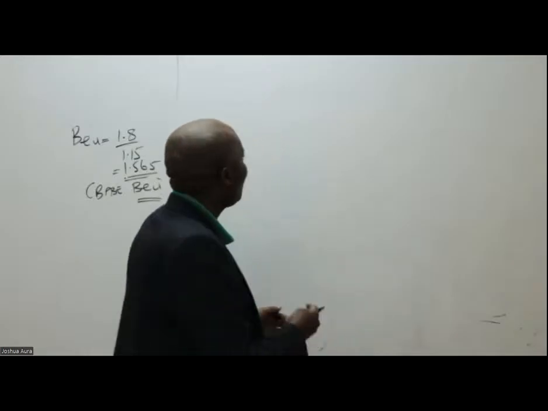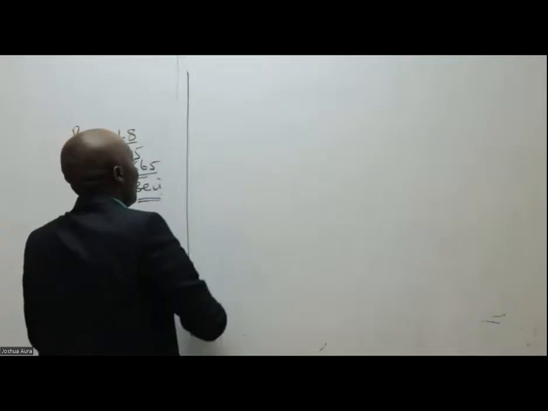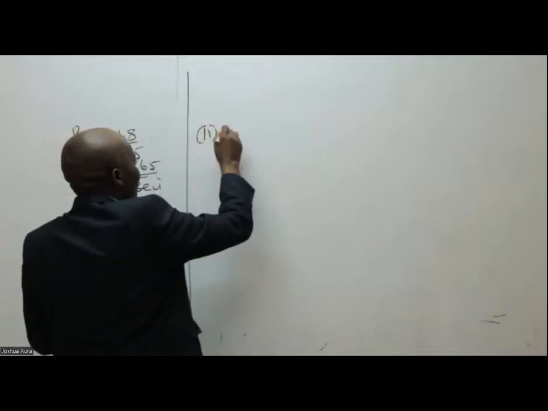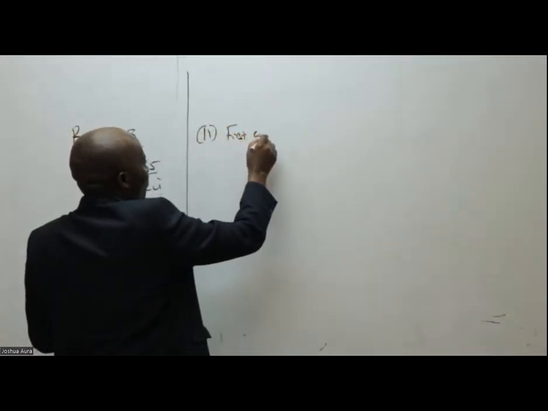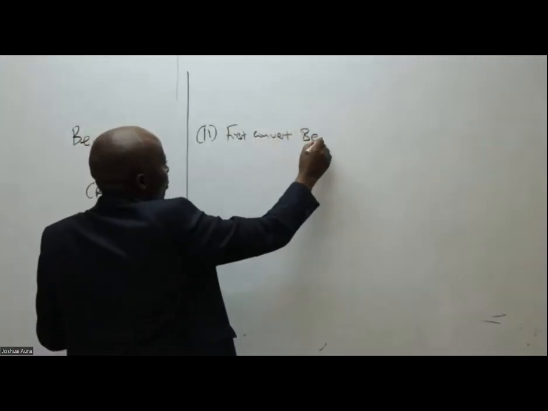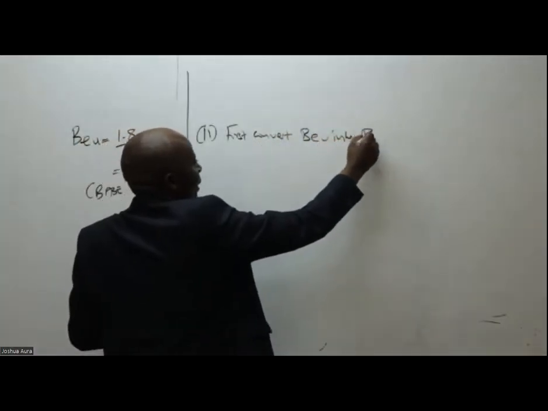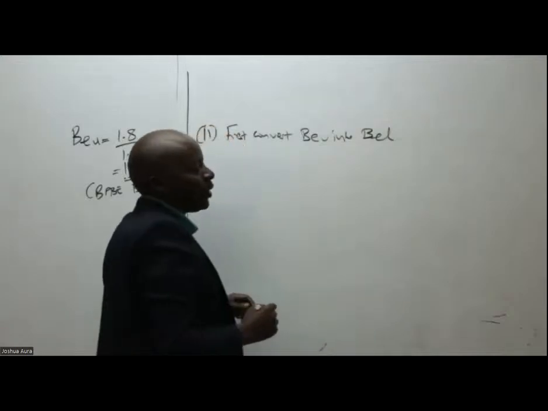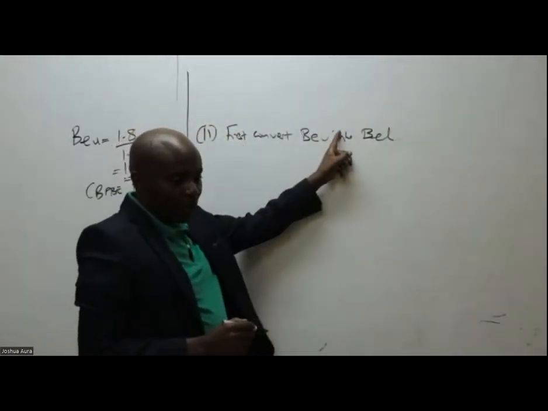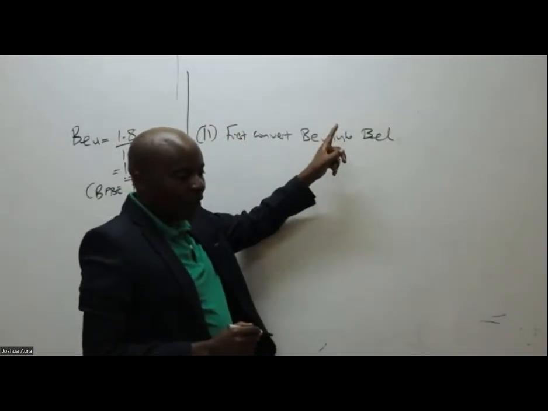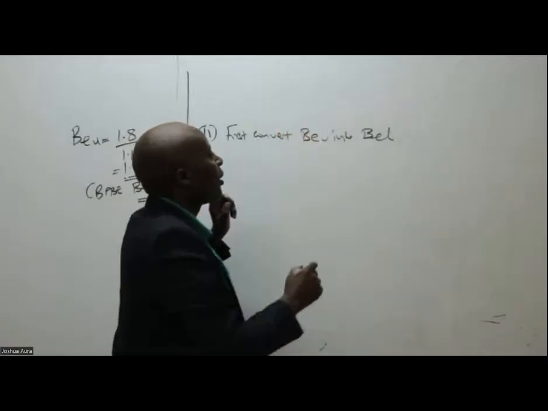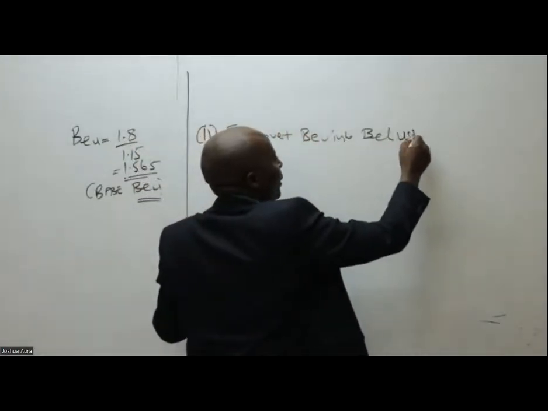So the first thing we need to do here, Roman 2, is convert the beta of the unlevered firm into the beta equity of a levered organization using Hamada's model.